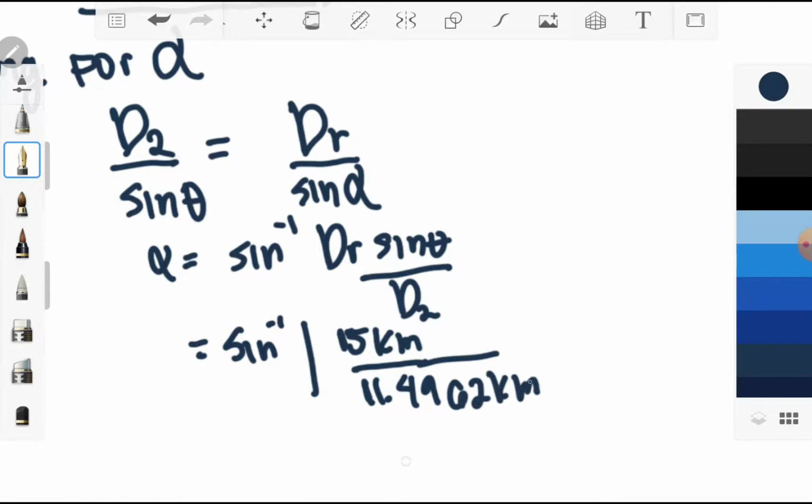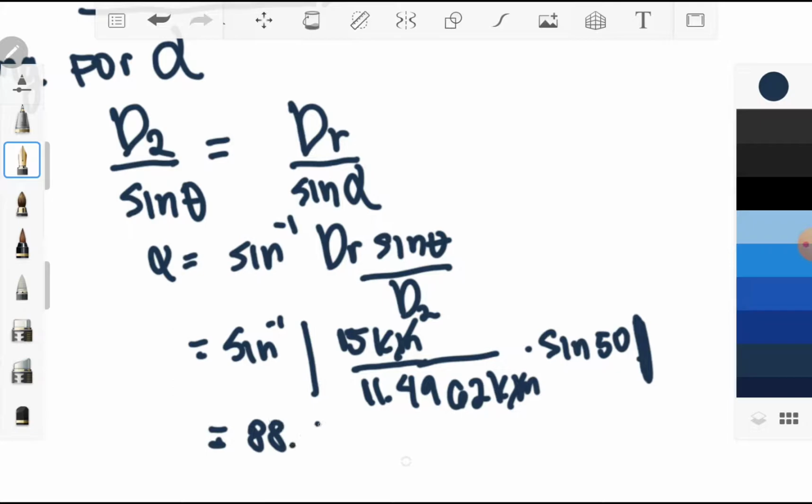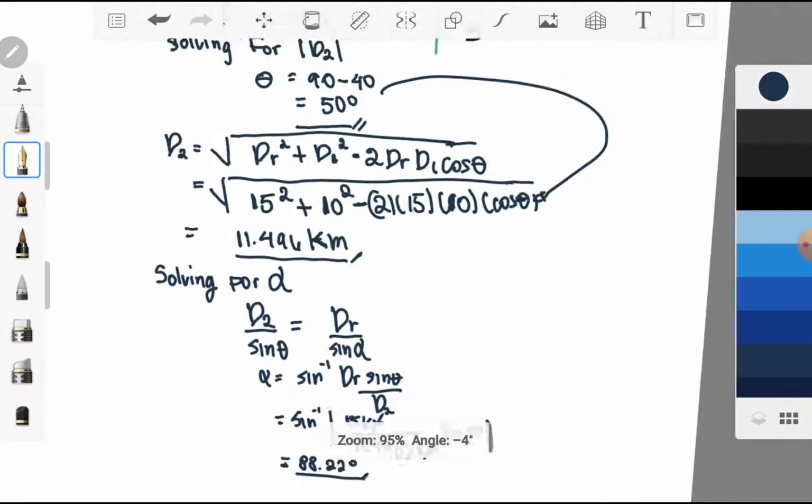So cancelling out your kilometers, it will be equal to 1 multiplied by sine theta, which is 50 degrees. So getting the sine inverse of this one, we have shift sine 15 all over 11.4962 times sine 50. So we'll have a value equal to 88.22 degrees. This is the value of your alpha.